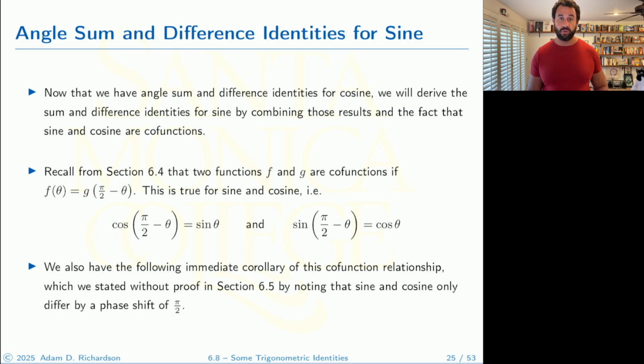So we can leverage what we already know and the fact that they're cofunctions to easily get an angle sum and difference identity for sine. Here we go. So remember, cosine of pi over 2 minus theta is equal to sine of theta, and sine of pi over 2 minus theta is equal to cosine of theta. So we're going to use those in just a moment here.